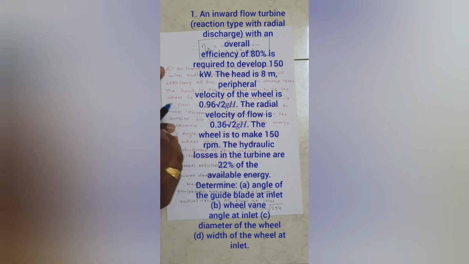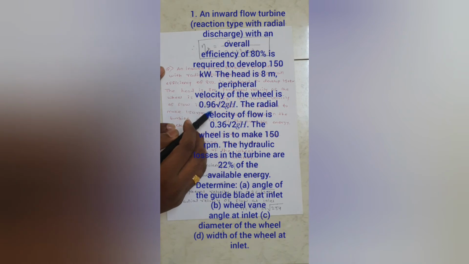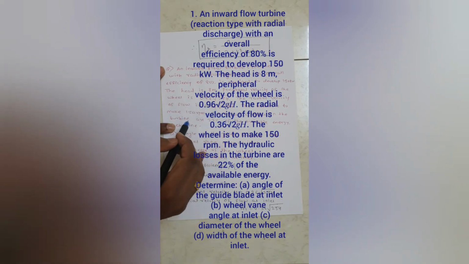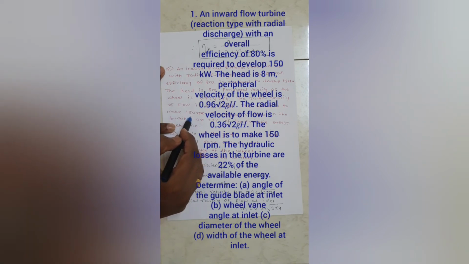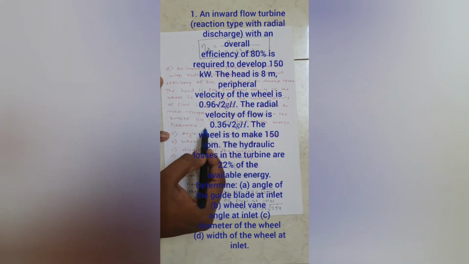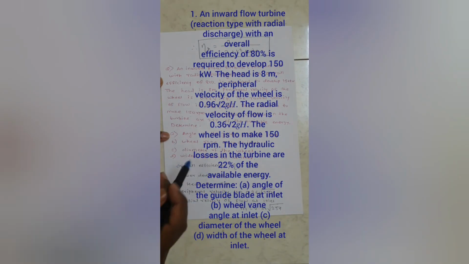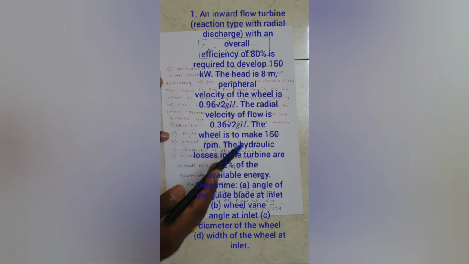Radial velocity is equal to 0.36 square root of 2gH. This is the radial flow velocity. The wheel is to make 150 rpm, so the speed is equal to 150 rpm. The hydraulic losses in the turbine are 22% of the available energy.